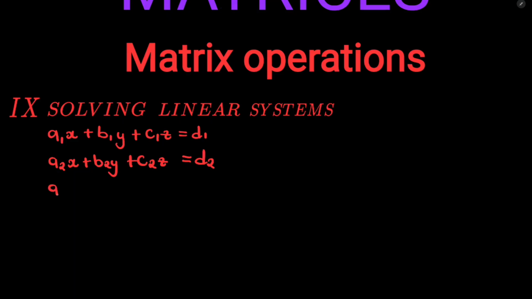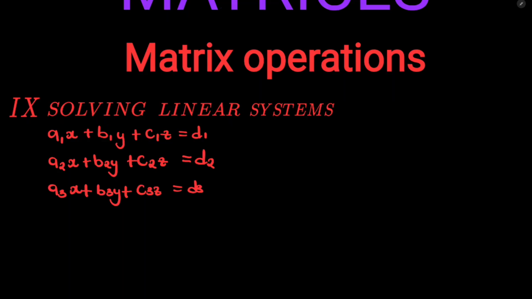And then we have a3x plus b3y plus c3z equal to d3. So the left hand side of these three equations can be written in matrix form.